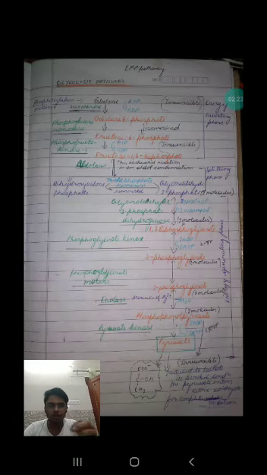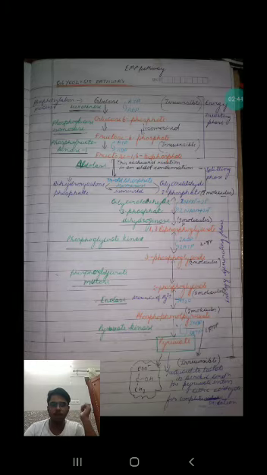Here also fructose 6 phosphate is changed to fructose 1,6 bisphosphate and ATP is changed to ADP. The enzyme catalyzing this reaction is phosphofructokinase.